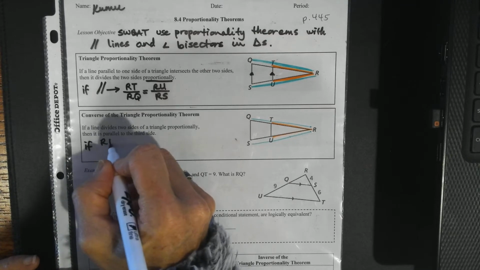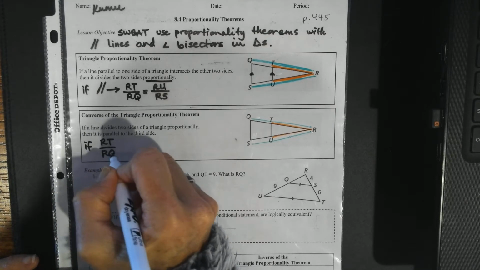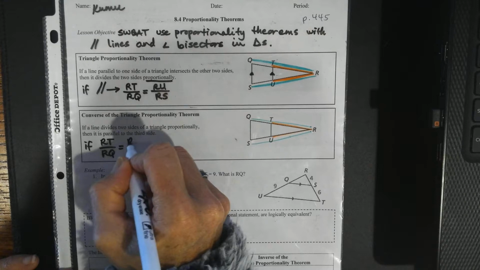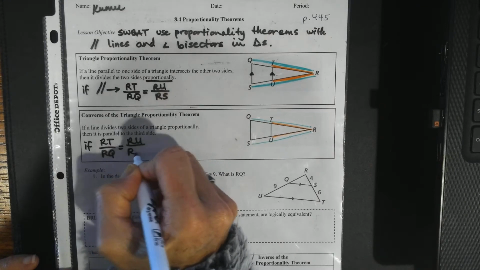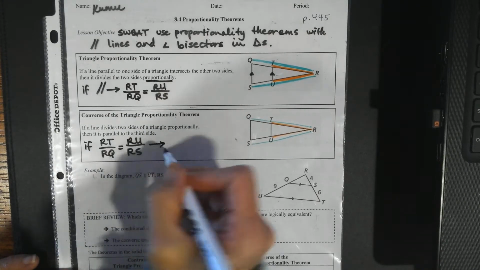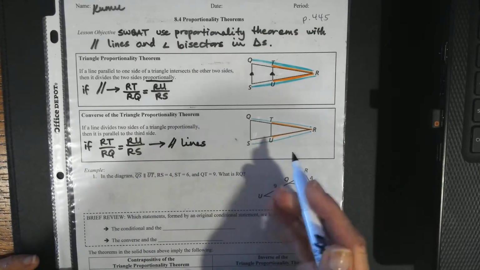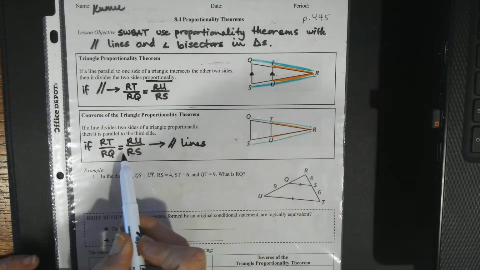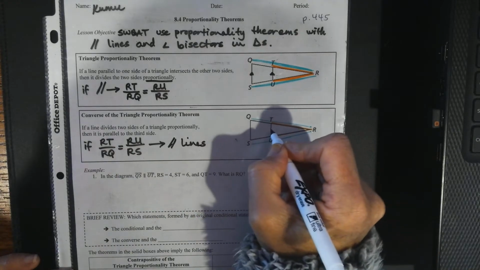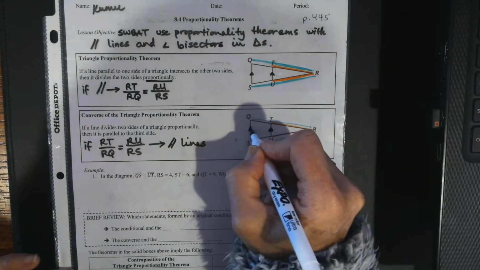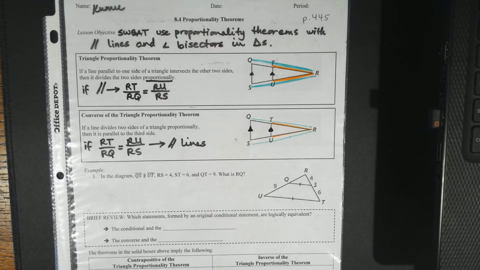So I tend to think of this as one theorem that's bidirectional. That gives you the parallel lines. So if this proportion is equal, then you get the parallel lines.